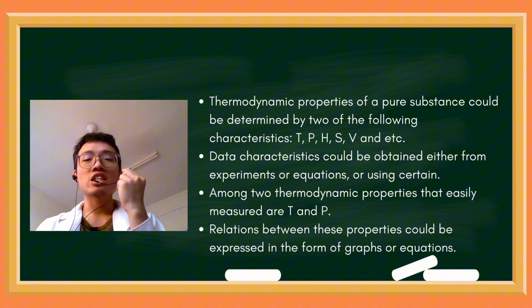The Clapeyron equation describes the slope of a saturation line on a pressure versus temperature diagram. The relation between these properties could be expressed in the form of a graph or an equation.